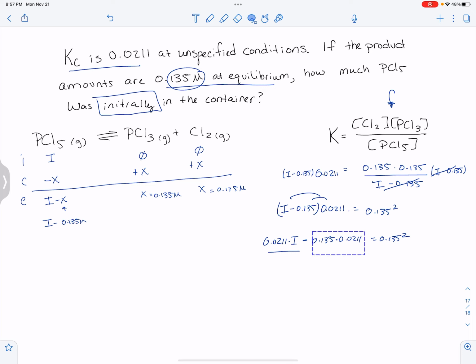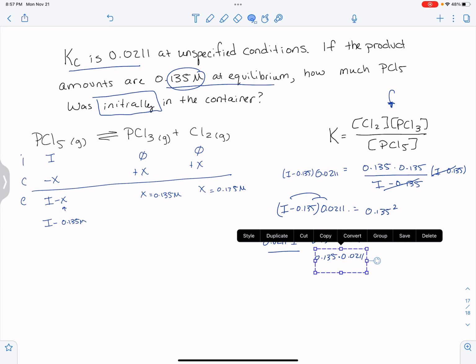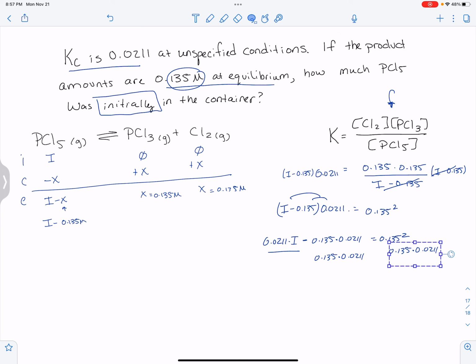So I'm going to add this to both sides. So plus, plus, and that part will cancel out. So I have 0.0211 times I equals 0.135 squared plus 0.135 times 0.0211.